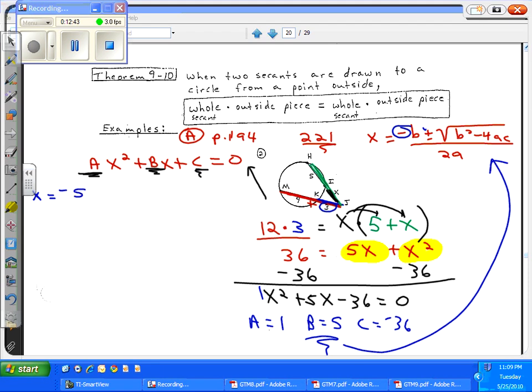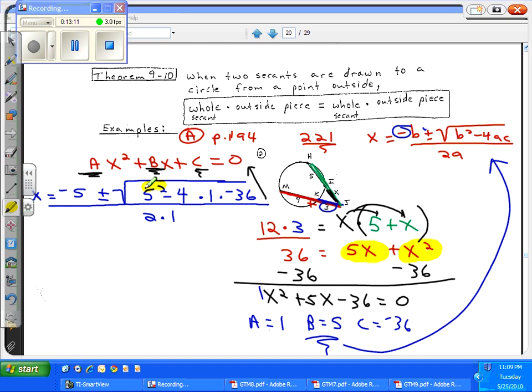The opposite of that is a negative 5, plus or minus the square root of what b is squared minus 4 times the a of 1 times the c of negative 36 all over 2 times the a of 1. And then we're going to solve.